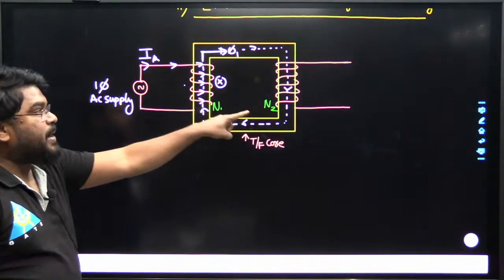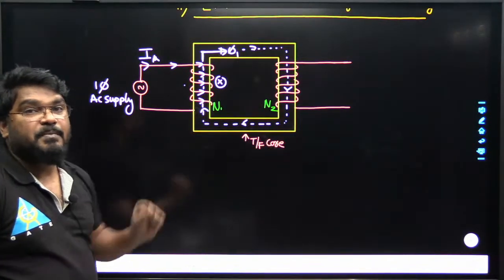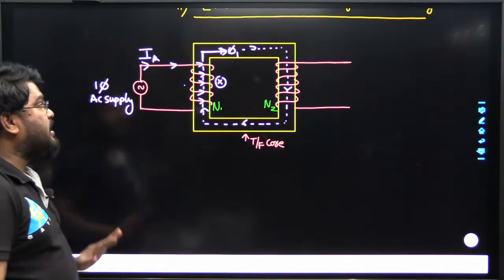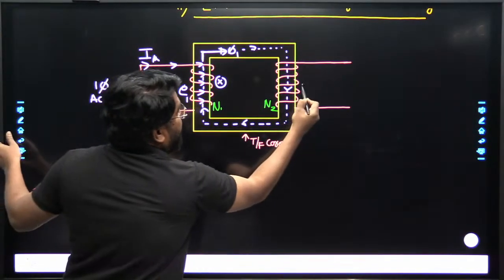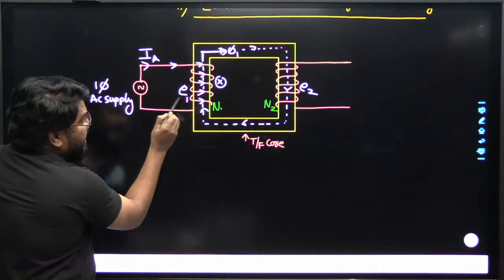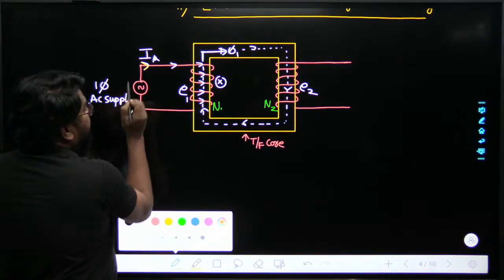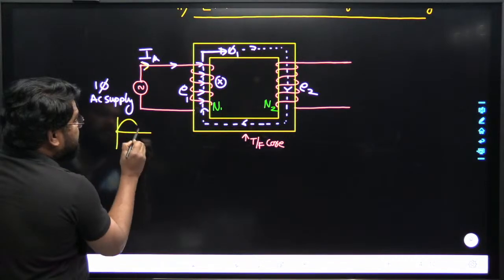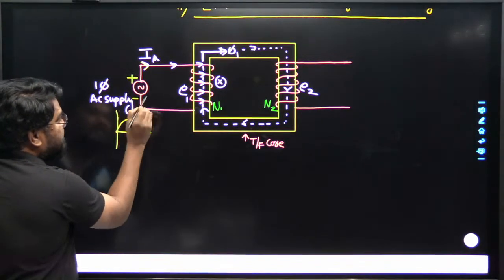According to Faraday's laws of electromagnetic induction, EMF is induced in the primary winding as well as the secondary winding. This is the EMF E1 and here E2. How do we find the polarity of the induced EMF? Suppose we consider the positive half cycle, that's why plus and minus.